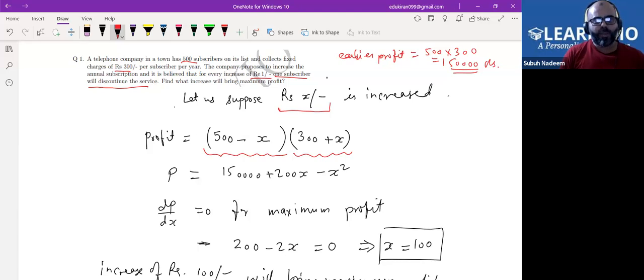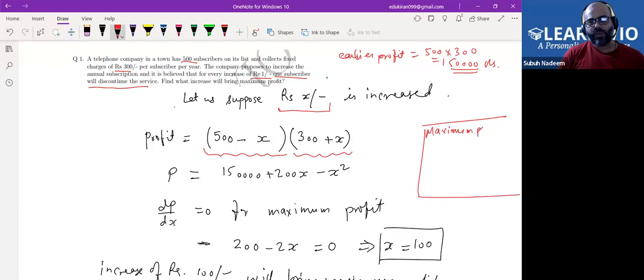But we want the maximum profit. So we'll differentiate this with respect to X and equate it to 0. And we'll find that for X equal to 100 rupees, we get the maximum profit. And if you want, you can find the maximum profit value also.